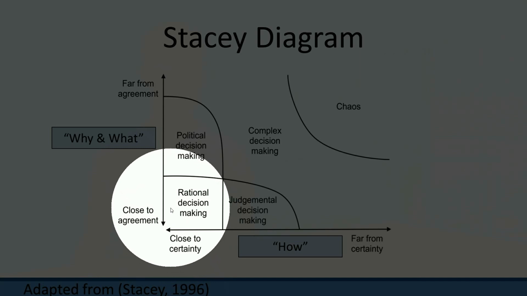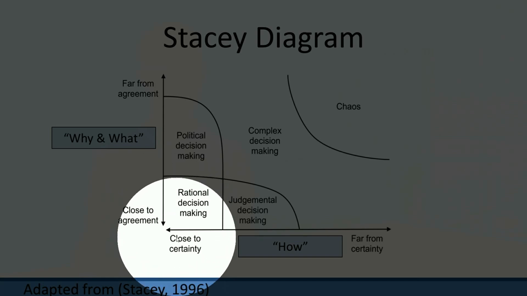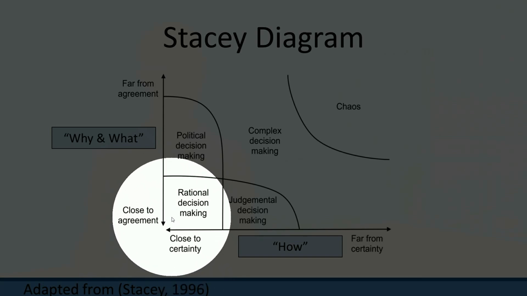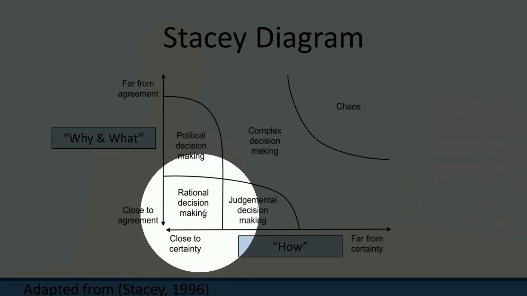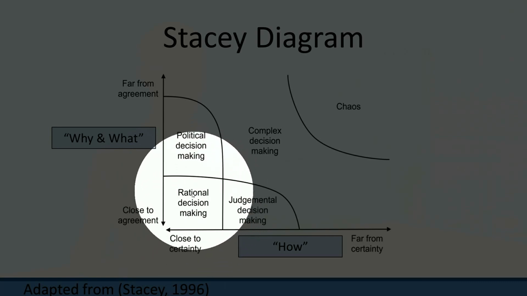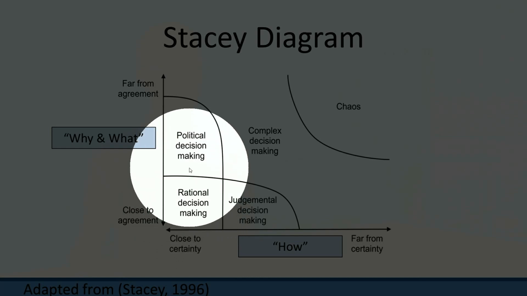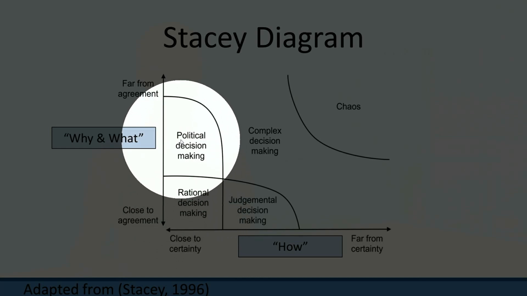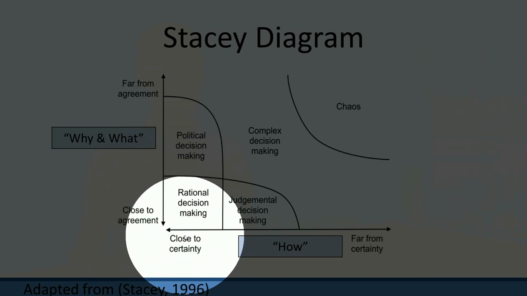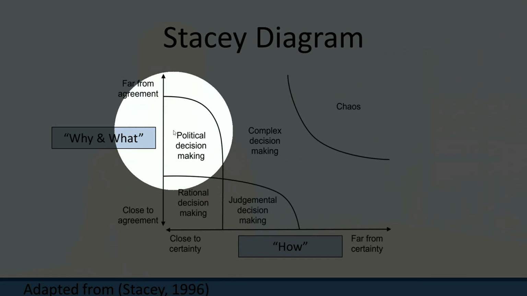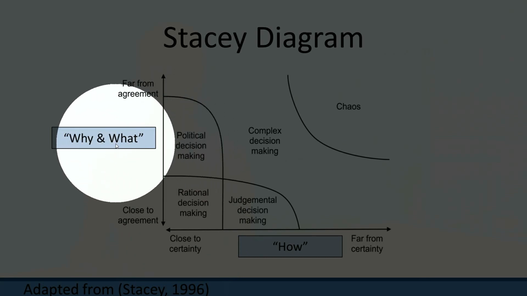The type of analysis and systems thinking techniques I'm going to talk about here aren't going to add a lot in that extreme left. As you get further up, you're probably in the evidence-based policy making zone, particularly if you're in the public sector. But it gets more tricky when you're up here, where you've got some certainty on how things are going to be solved, but there are different agreements on why and what.